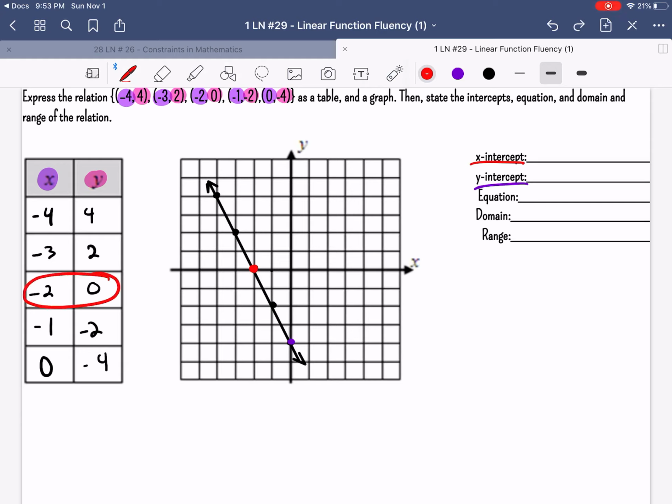So we can just look at our table and see where y equals 0, and that's our x-intercept. Same thing for the y-intercept: we made x equal 0 in the equation, so we can just look at our table and see where x equals 0, and that's our y-intercept.